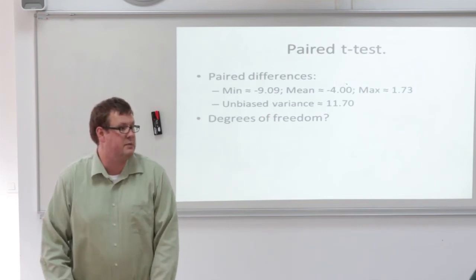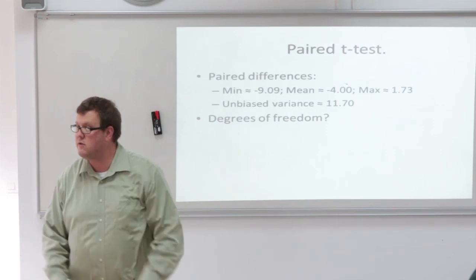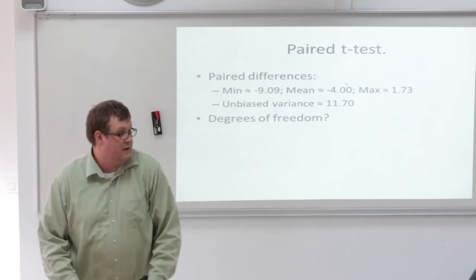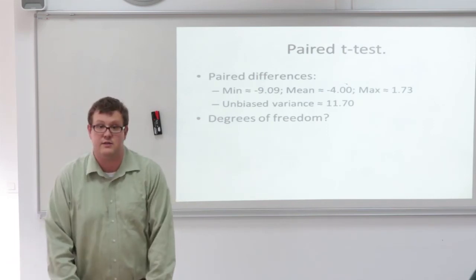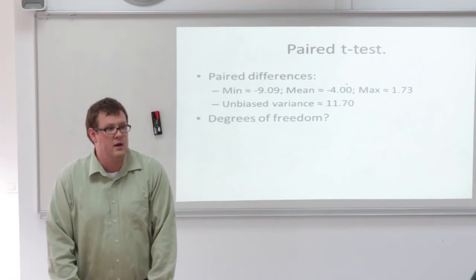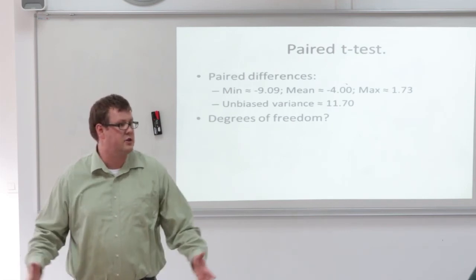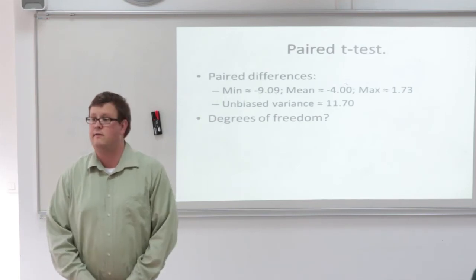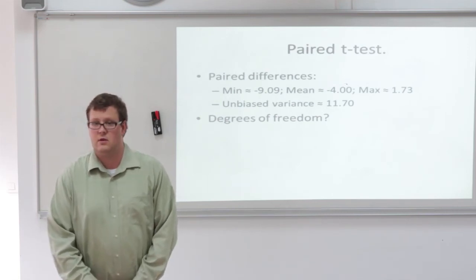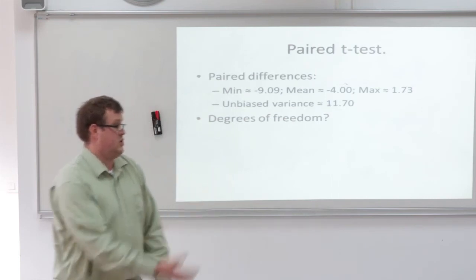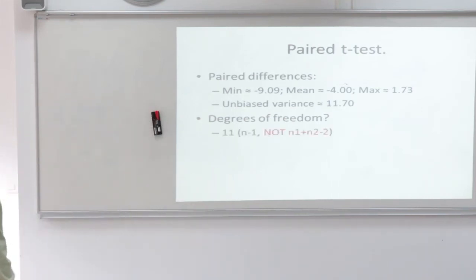We're estimating 2 means, so we throw away 2 of those observations for our degrees of freedom, and we would have 22. But here, we're not looking at the observations against the observations. We're just looking at the differences. There are only 12 differences. So, just n minus 1, 11.